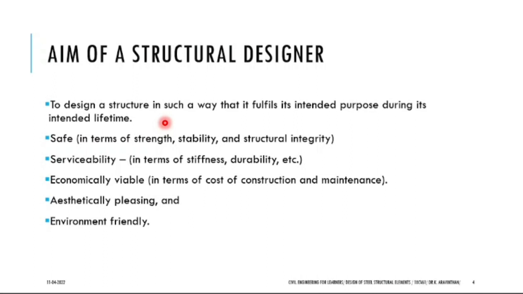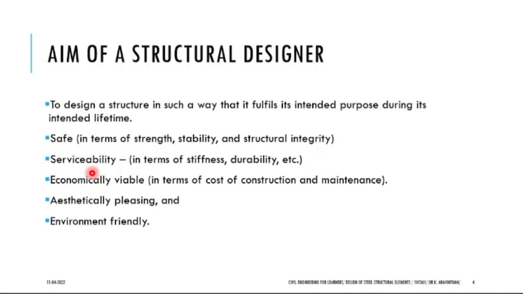The structure should fulfill the intended purpose during its lifetime. First and foremost is safety. The things that come under safety are strength, stability and structural integrity. Let us discuss each of them. That is, first safety and serviceability. If you are a designer, safety is the primary criterion. What happens?